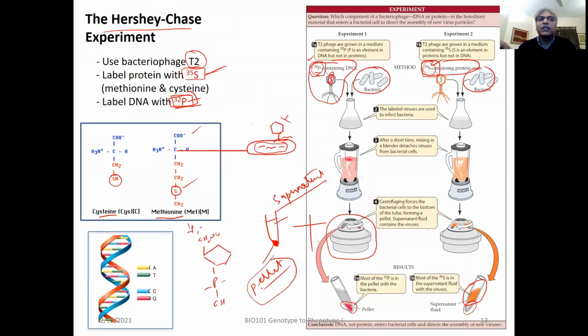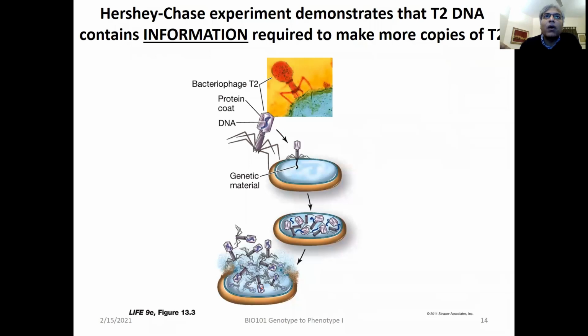Okay. So this experiment solved a long-standing question of whether it is the protein or the DNA. And they demonstrated that it's the DNA which contains all the information required to make more copies of T2. It's just like a bacteria.